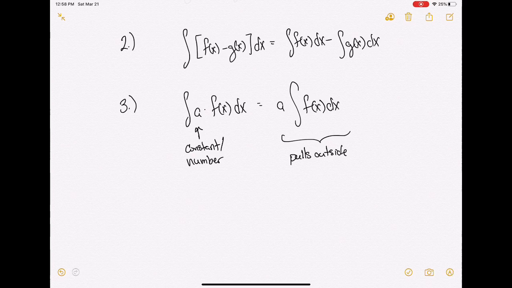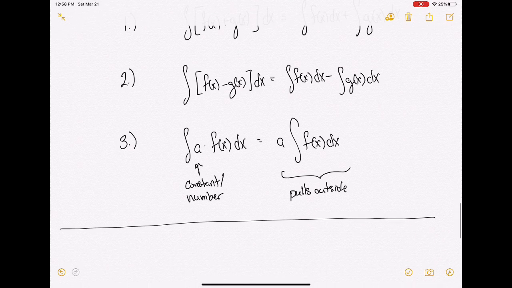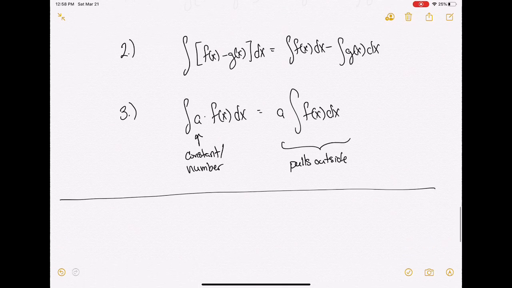And these are really all the same properties we saw with derivatives, right? The derivative distributed over plus signs, it distributed over minus signs, and constant multipliers, that's the special part, is that the constants have to be multiplying the function. Constant multipliers get pulled out front.